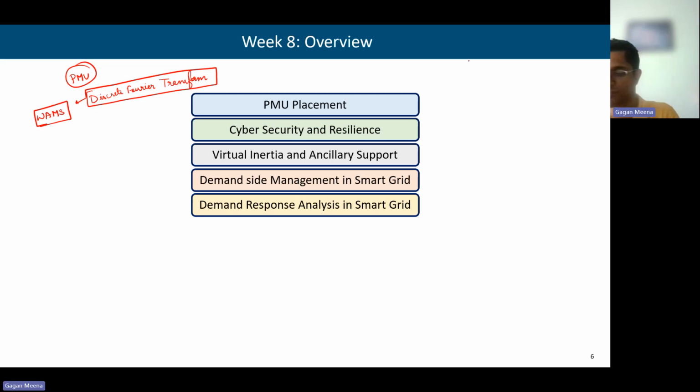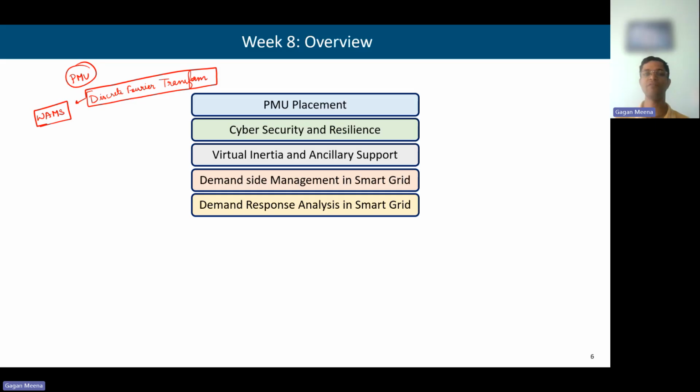The question is, can we do something where we need not place PMUs at all the locations and yet we are able to achieve the desired goal, which is to have an estimate of the state of the system at each and every bus?